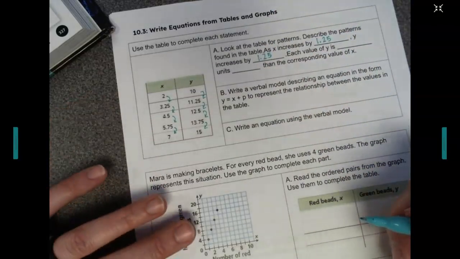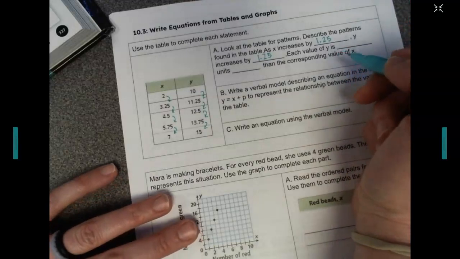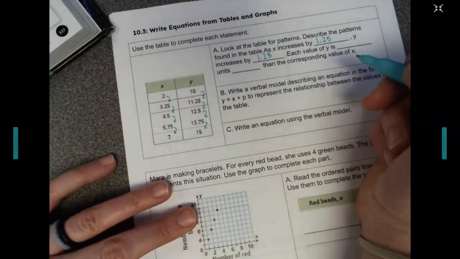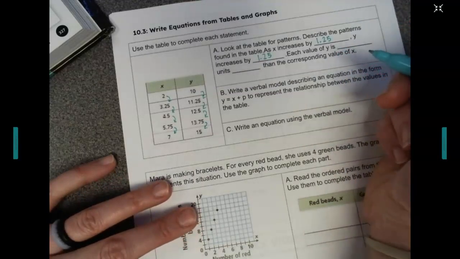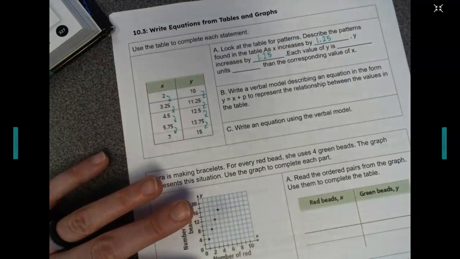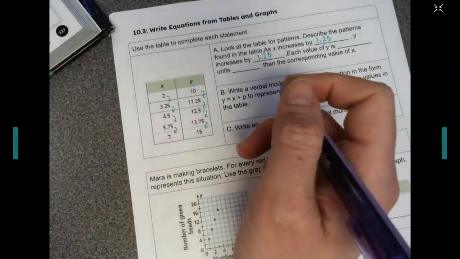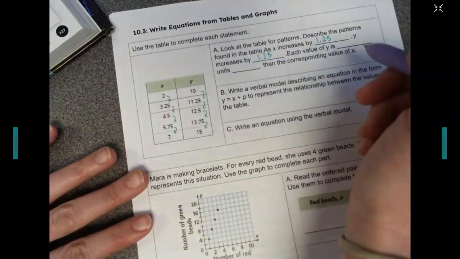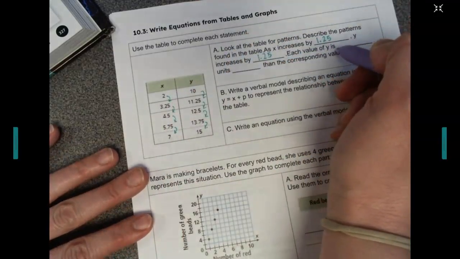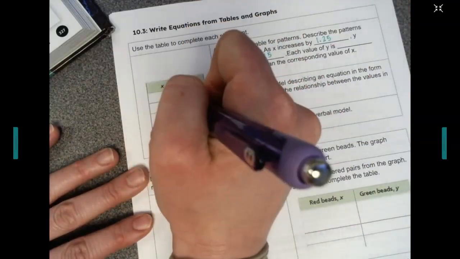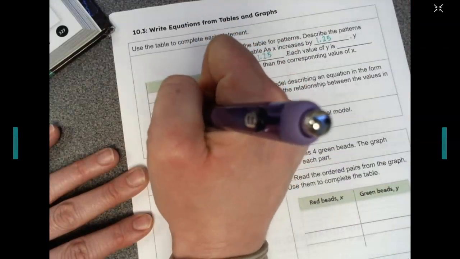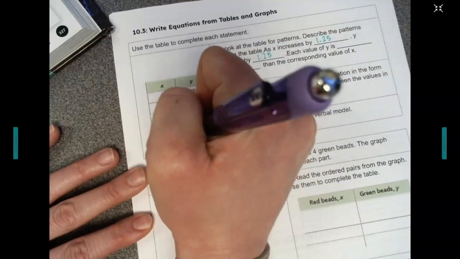Each value of y is blank units blank, then the corresponding x. So let me change my color here. So this means, they're asking each value of y, so when we go from y to x, how do we go from y to x?